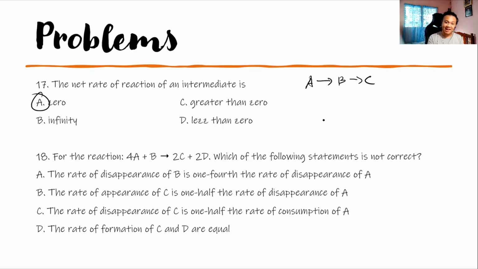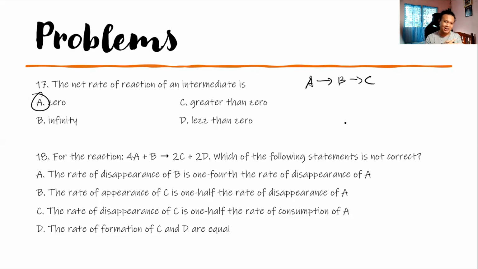Okay, number 18. For the reaction A plus B yields 2C plus 2D, which of the following statements is not correct? For me, I really had a hard time answering this, but I found the easiest way.